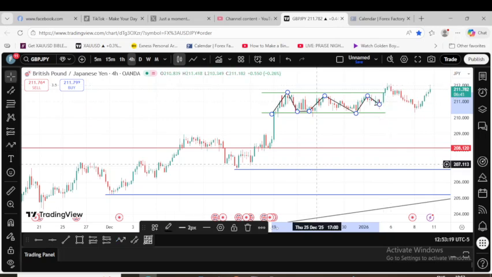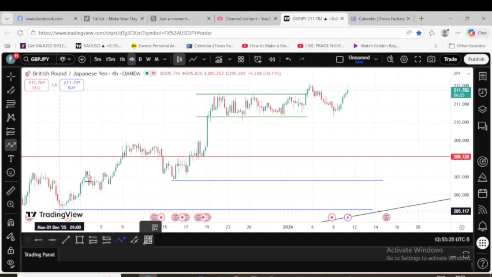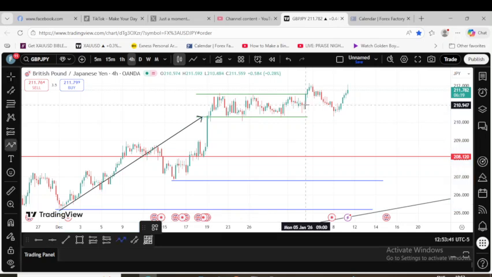Okay, so there's actually an opportunity to take a trade here, because typically when price forms a rectangular range, we expect a breakout in the direction of the original trend. The original trend is upward, so now that price has broken out, we'll be expecting price to continue to move upward.